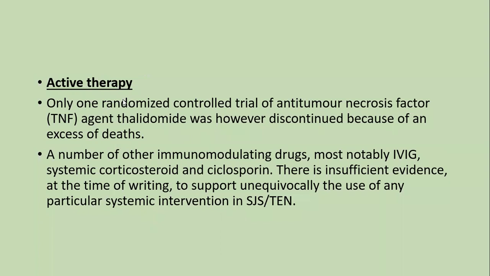Active therapies. What are the active therapies which we can do to save our patients? There is only one randomized controlled trial of an anti-tumor necrosis factor agent. Thalidomide was, however, discontinued because of excess deaths. Intravenous immunoglobulins, systemic corticosteroids, and cyclosporin all have doubtful roles.